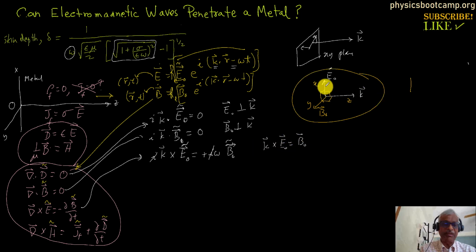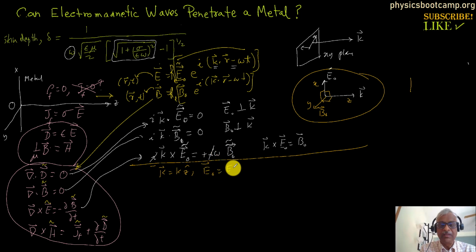From then on, rather than do a completely general calculation, we already know k is k z hat, and just take E naught as E naught x hat, and B naught as B naught y hat. Just for the simplification of calculation. Using that, let's do this one.